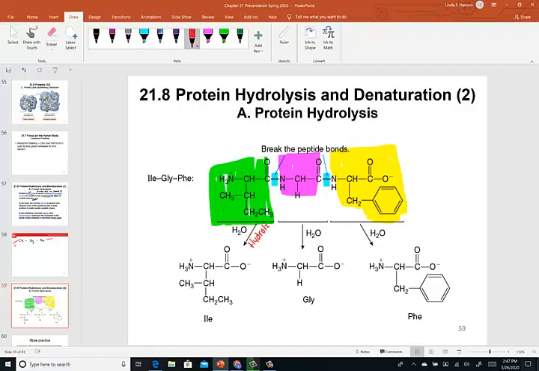We're going to add the water back in so that the functional groups form a Zwitterion. The N-terminal ILE amino acid is a Zwitterion, has the NH3 plus and a COO negative. That's the Zwitterion for ILE.